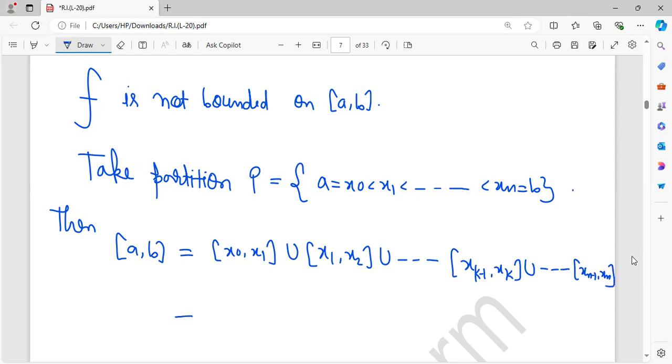Fine. So what is this? This is the union over i from 1 to n of [xi-1, xi].